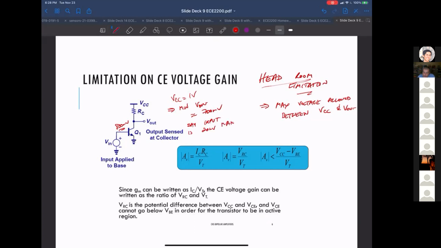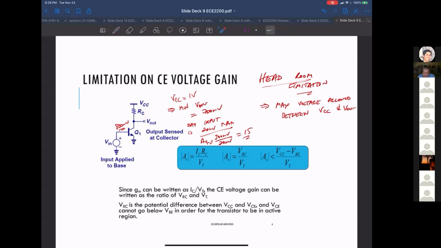The maximum output swing that you can take into use is 300 millivolts, so the maximum gain is 300 over 20, which is 15. Why?